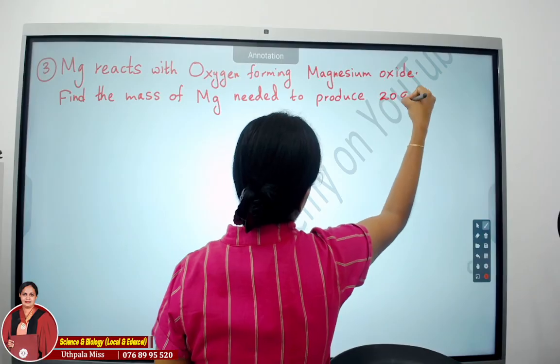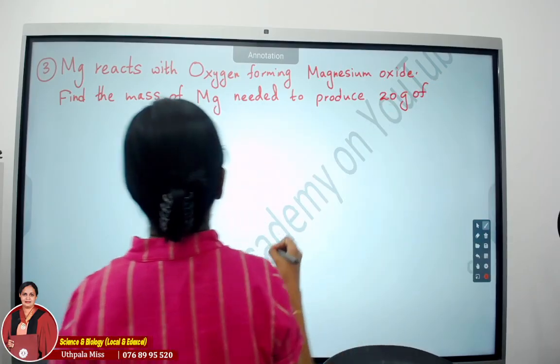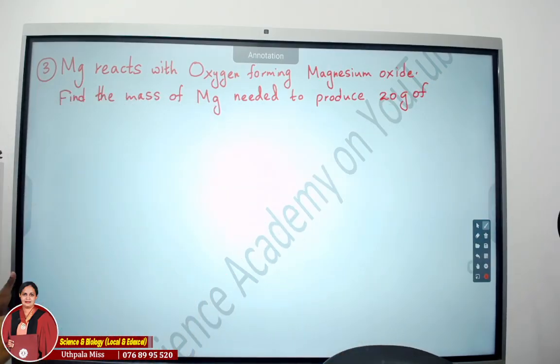20 grams of magnesium oxide. මම ඒකයි ගිය සතියේ කිව්වේ හැමදේම පුළුවන් වෙන්න ඕනේ to write the chemical formula, to find the relative molecular mass, to find the number of moles, everything should be there to do these calculations. මම හිතන්නේ මම පැහැදිලිවම ගිය සතියේ කිව්වා.